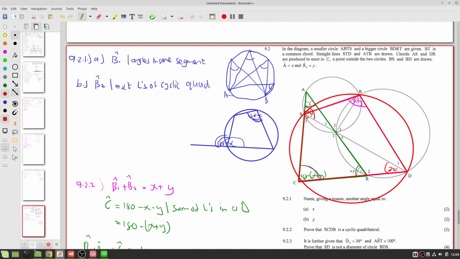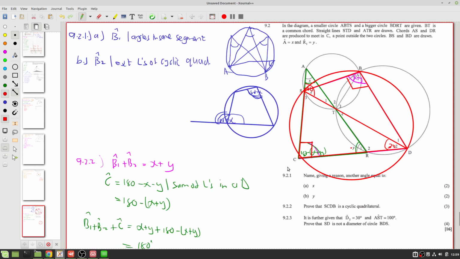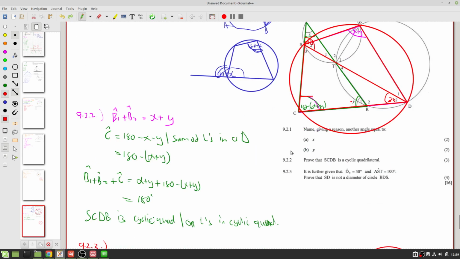In this cyclic quadrilateral, we have to prove that SD is not a diameter. If SD was a diameter, then this would be 90 degrees and this would be 90 degrees. So if we can show this is not 90 and that's not 90, then we've shown it. Let's erase some of that so we can see our picture again.